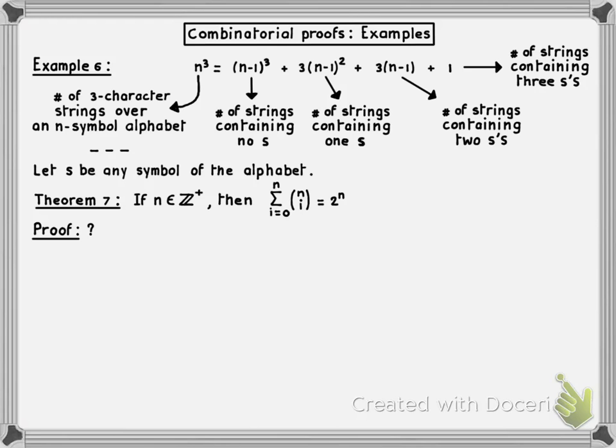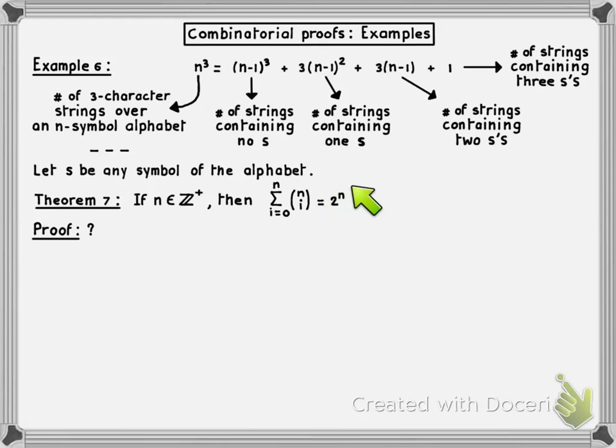Now, why is that a good idea? Because if you have a set of size n, then this number right here should jump at you, if you remember the basics of set theory that we discussed earlier in the course. If you have a set of size n, then 2 to the n is what?